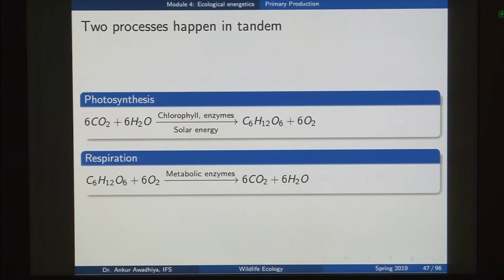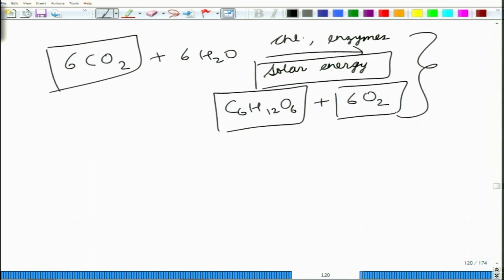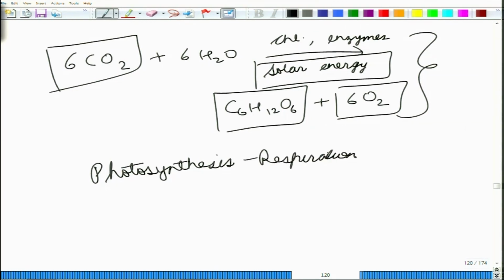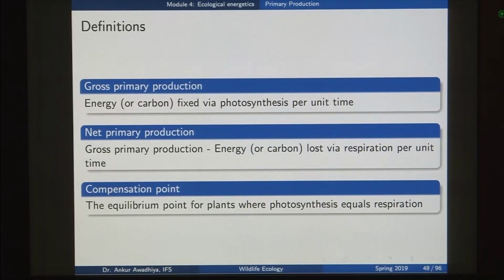So, when we are talking about the gross primary production, we are asking about the rate of photosynthesis, but when we subtract respiration from this, photosynthesis minus respiration, then we are talking about the net primary production. Net primary production is the gross primary production, or the energy or carbon that was fixed by photosynthesis, minus the energy or carbon that is lost via respiration, expressed per unit time.